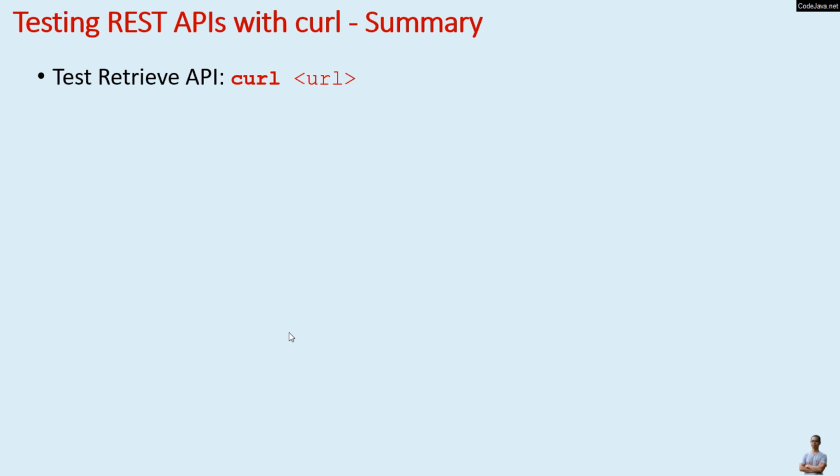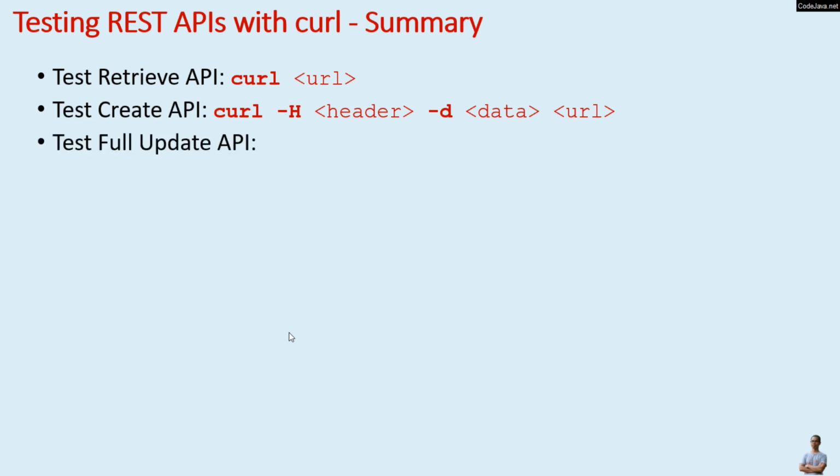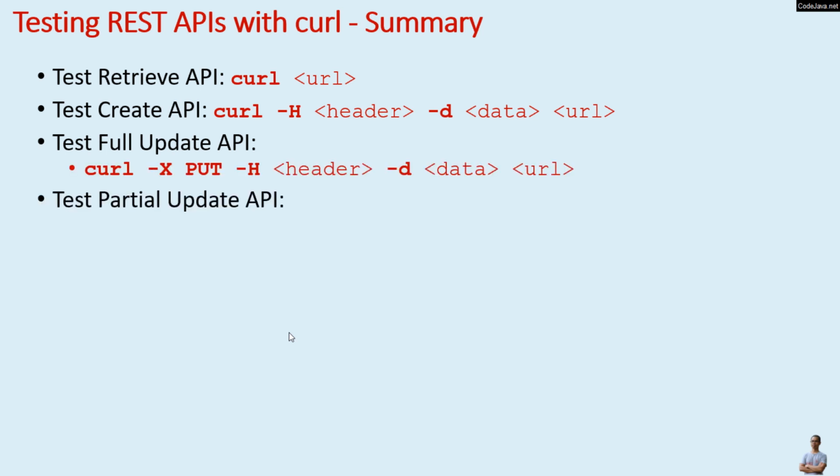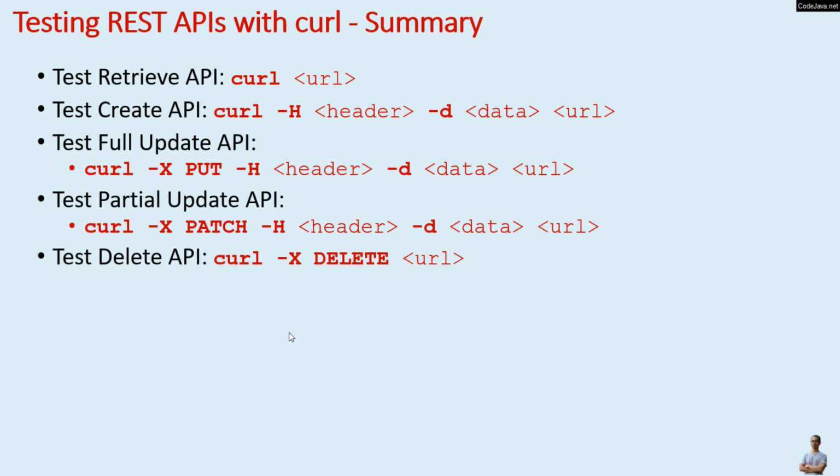Okay, so far you have learned how to test REST APIs using curl command. Let me sum up the commands you have learned so far. To test Retrieve API, use this command, and to test Create API, use this command, and this is the command to test full update API, and this is the command to test partial update API, and this is the command to test delete API.